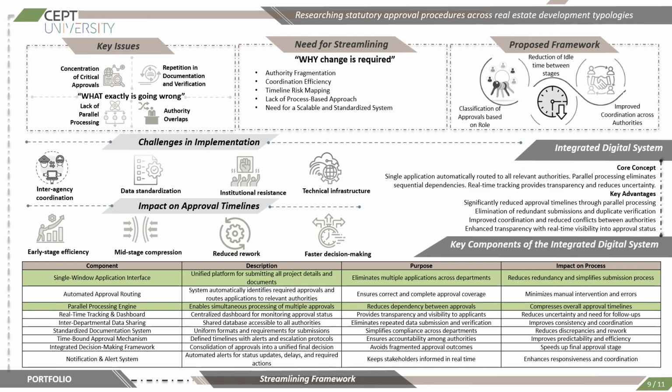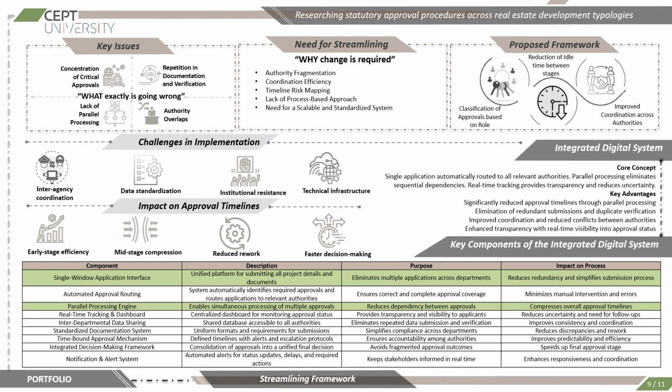Streamlining framework. This slide explains the major issues in the current approval systems, the need for streamlining the process, and the proposed integrated digital approval framework. The key issues identified include concentration of critical approvals, repetition in documentation and verification, lack of parallel processing, and overlaps between these authorities.